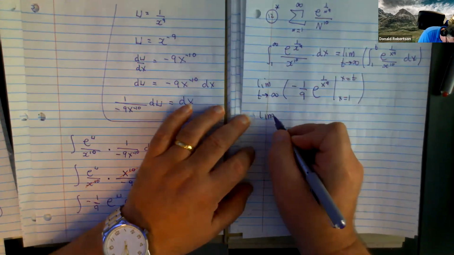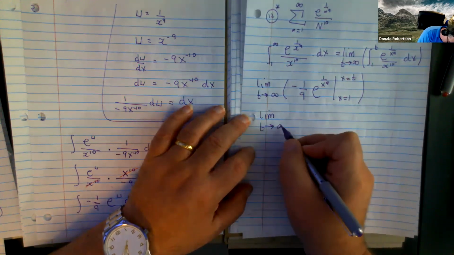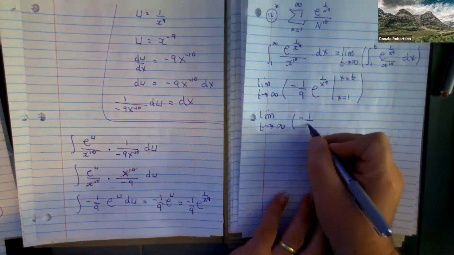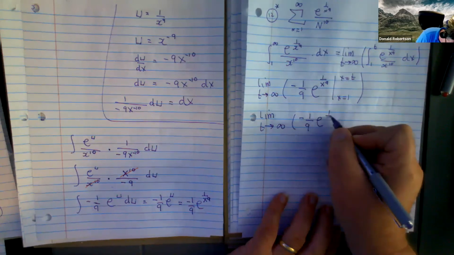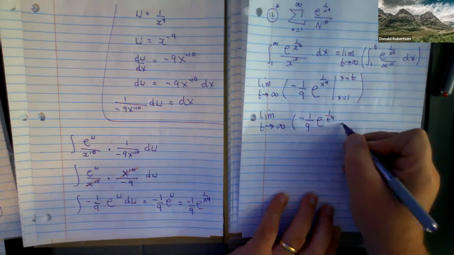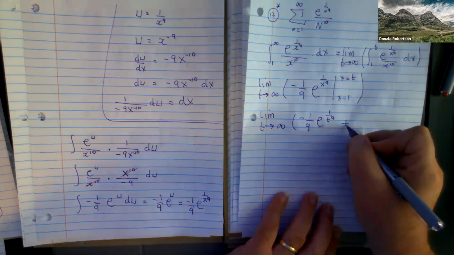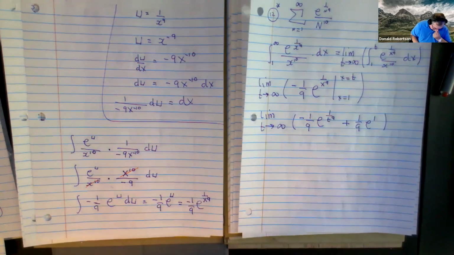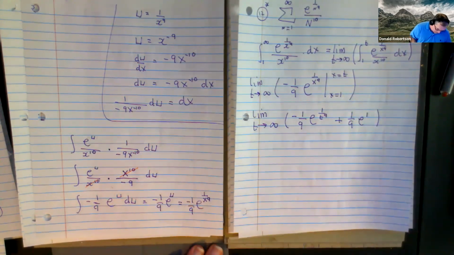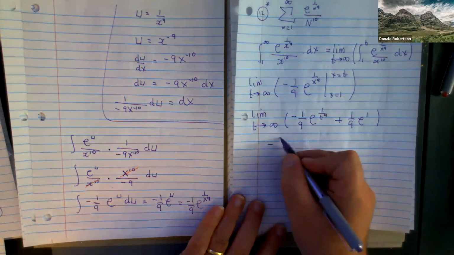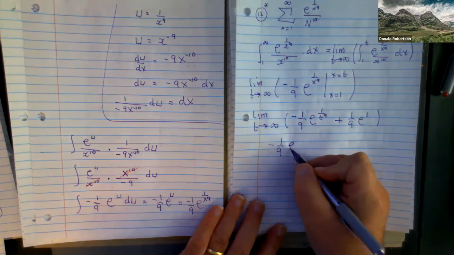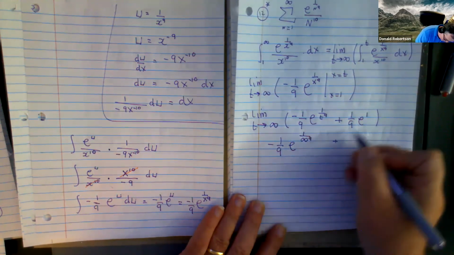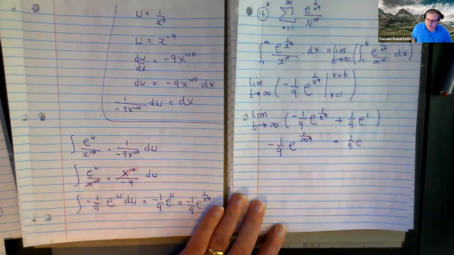So it's now the limit as t tends to infinity of negative 1/9 e to the 1 over t to the 9, take away, two takeaways make it an add, 1/9 e to the 1. Okay, I can do brute force on this. Negative 1/9 e to the power of 1 over infinity to the power of 9, plus the number 1/9 e.